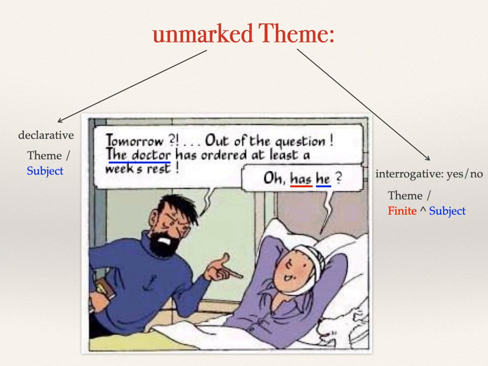The difference then is that the topical theme is the same, but in the yes-no interrogative, the clause also thematizes the finite. Why is that? Well, it's the finite that is the carrier, the bearer of the indication of polarity. Yes or no? So when you start with has, this immediately reveals the interpersonal key signature of the clause. I'm demanding information from you, more specifically about the polarity. Is it yes or no? Has he?